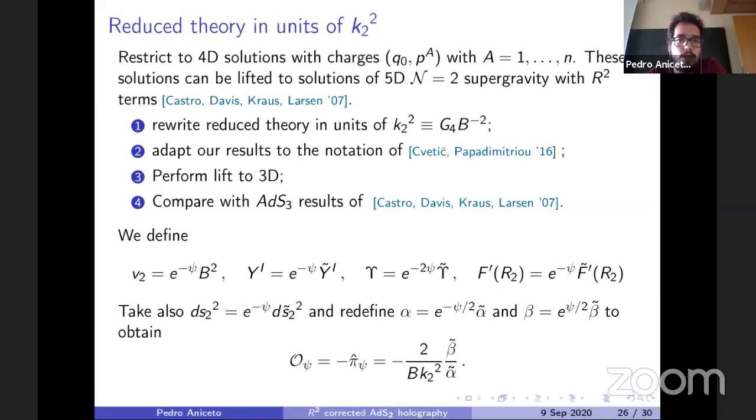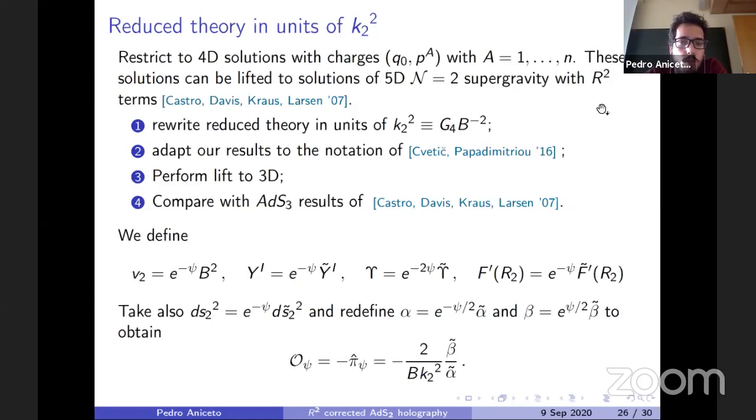And with it, you can lift your solution to 5 dimensions, and you will end up with 5-dimensional N=2 supergravity with R squared terms that admits black hole solutions that will factorize into AdS3 times S2. And so you can actually study how that AdS3 behaves, and this was done already in this paper from 2007.